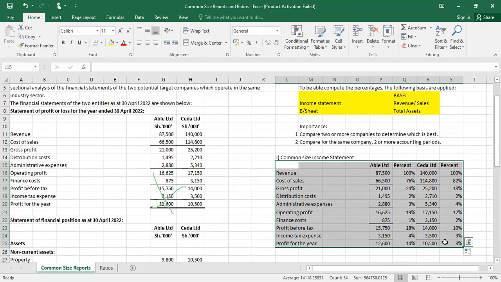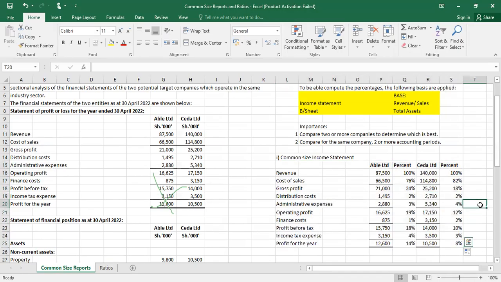Is there any question on this common size income statement? Do we have any question from anyone? So what these ratios mean is this: if I pick, for example, company Able, when I say that the cost of sales is 76%, what this means is that for company Able, the cost of sales accounts for up to 76% of the total revenue figure.